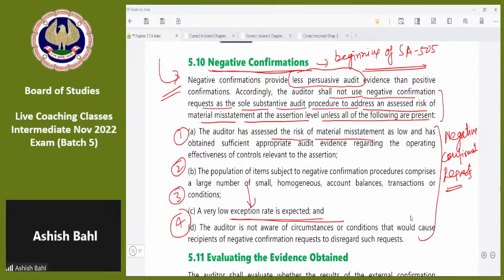Say out of thousands, only 20-50 might be having different balances. So the auditor is not aware of any conditions that they would not respond to the negative confirmation requests.